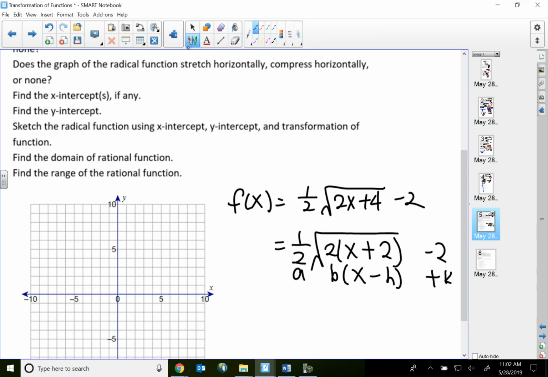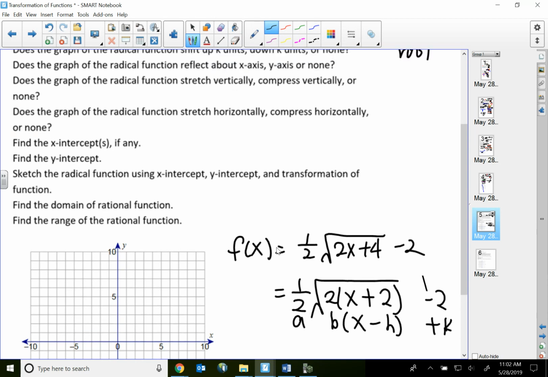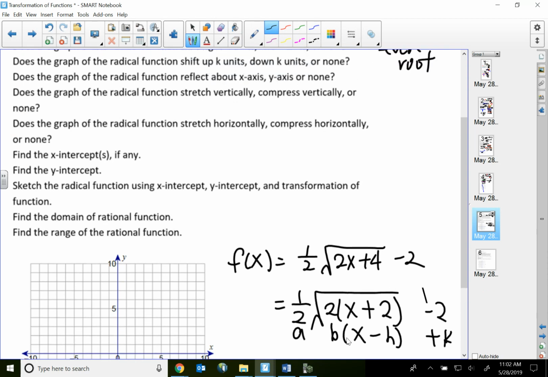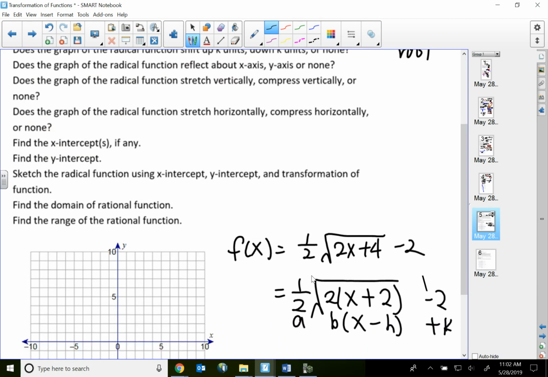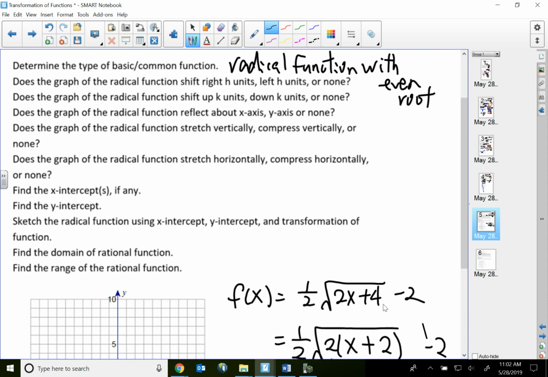All right, so now we can answer our question a little bit easier. Where do we shift it to, right or left? Plus 2 means shifting to the left 2 units. All right, up or down?